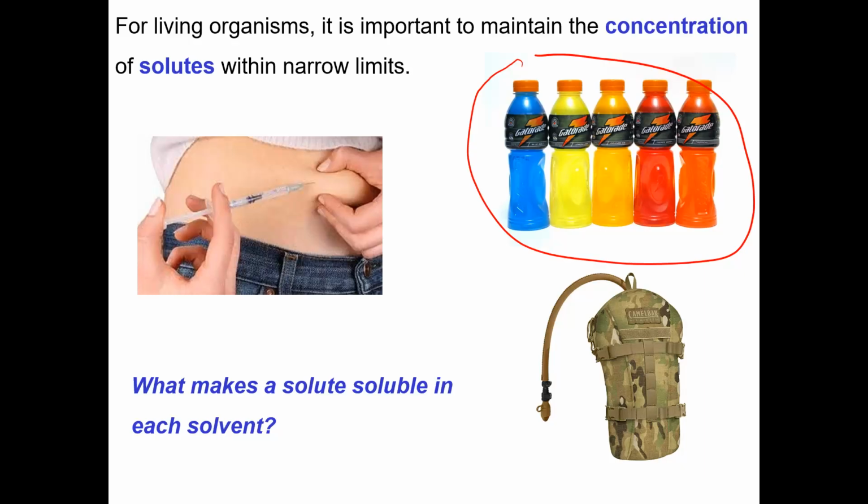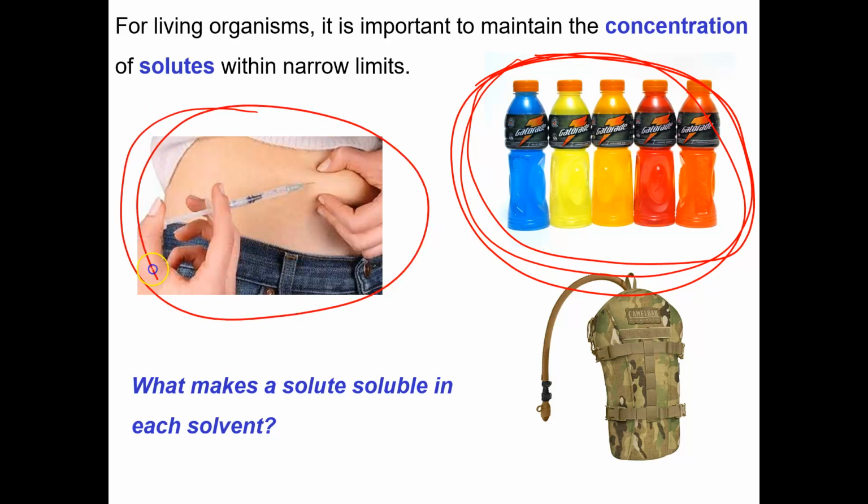But the question that is worth considering at this point is, why is it that we restore our electrolyte levels by drinking an aqueous solution containing electrolytes, but when we need to adjust our blood sugar and take some insulin, we inject that insulin into a fatty part of our body like our belly or our thighs or our upper arms or perhaps our buttocks?